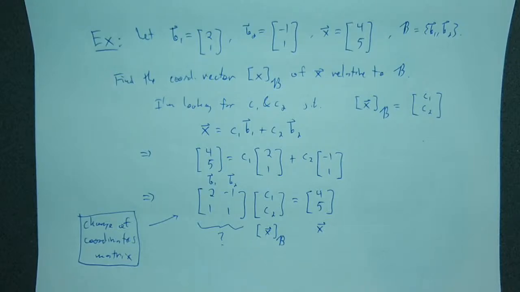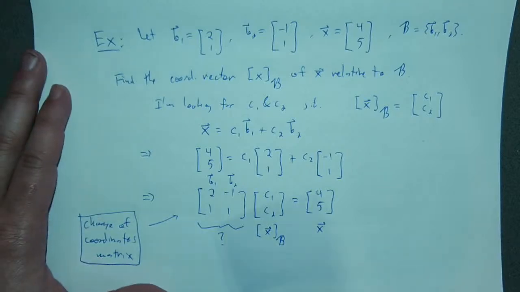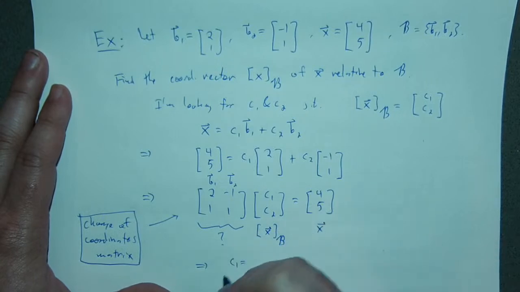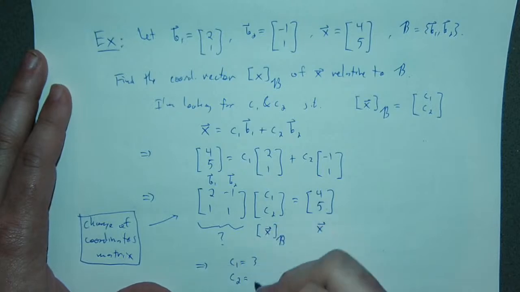Okay, and so what is it that is going on here? Well, how do I solve this? I solve this by doing whatever thing you want to do here. This is just a 2x2. We could even find its inverse if it existed, right? But once you solve this equation, you find that c1 is equal to 3 and c2 is equal to 2.